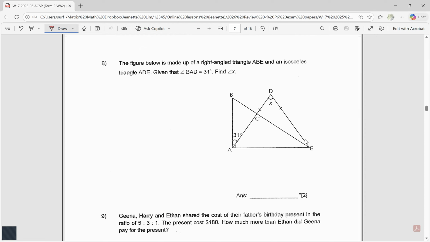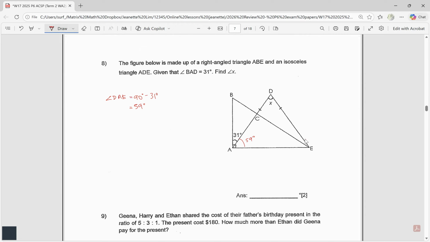Okay, let's find DAE first, this one. 90 degrees minus 31. 59 degrees. So this is 59.